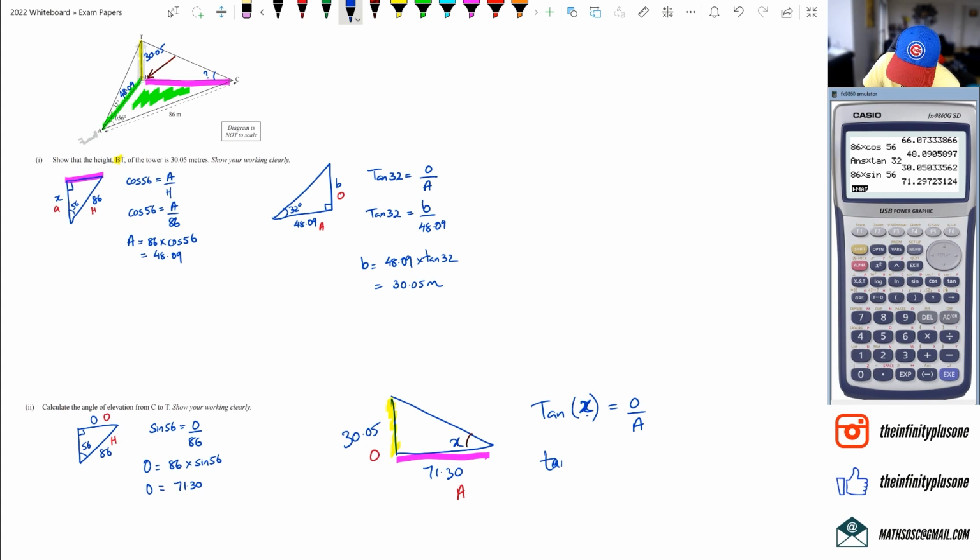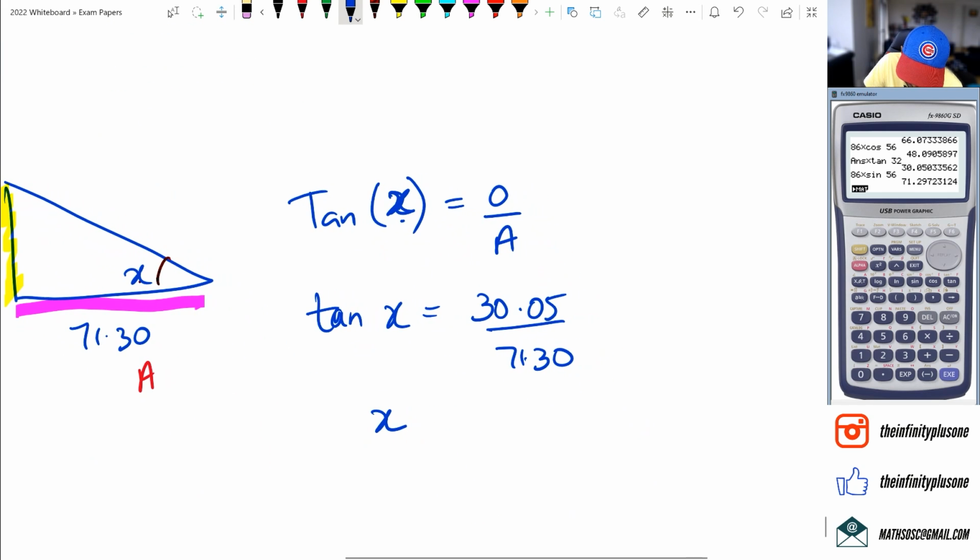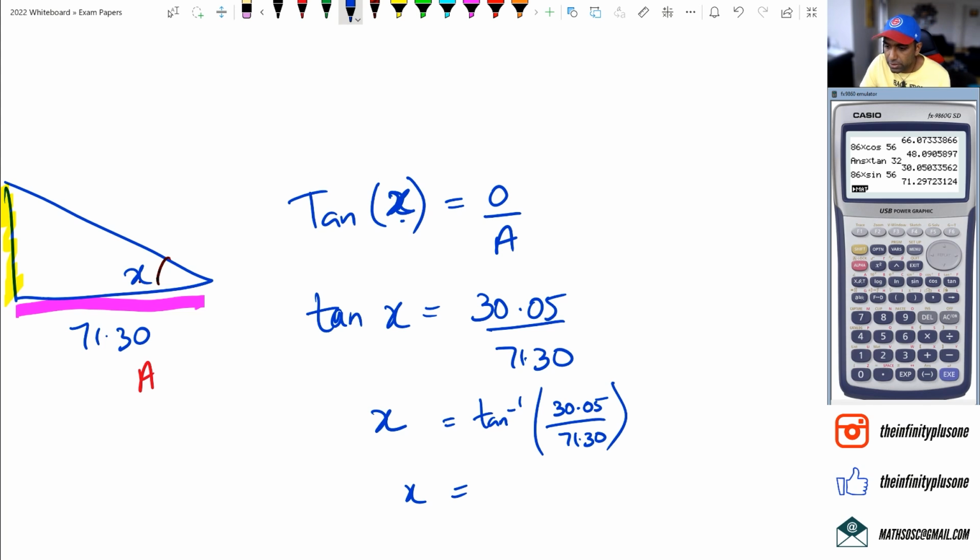So then I can say tan x equals 30.05 divided by 71.30, and then x is equal to inverse tan of 30.05 divided by 71.30, and that's going to give me 22.85 degrees.